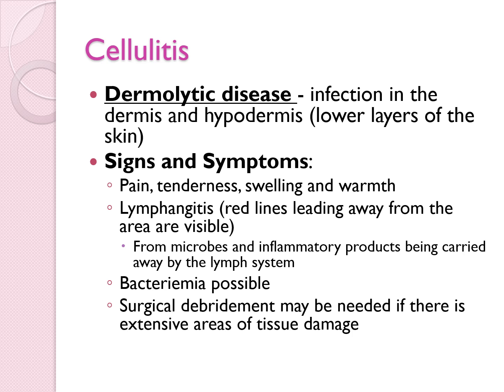So this is caused from the microbes and inflammatory products being carried away from the site of infection through your lymphatic system, which is not a good thing. We don't want that. That's a bad thing, because the lymphatic system is going to inevitably dump into your bloodstream, and once in the bloodstream, this infection can now spread throughout the body and potentially lead to bacteremia. So you can get septic. Super not a good time.